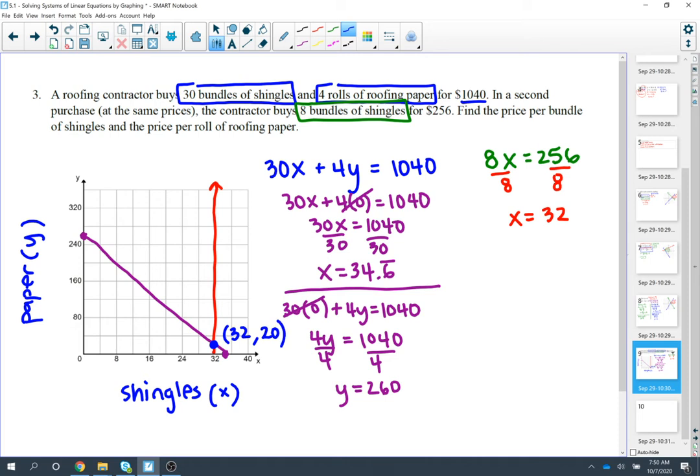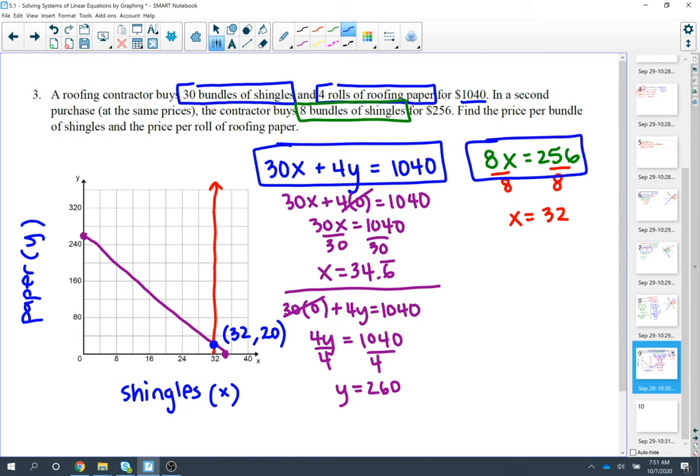And again, this isn't completely exact, so we have to check our answer. Our first equation was right here. Our second equation was right here. Our x value is 32, our y value is 20, so we're going to substitute a 32 and then a 20.